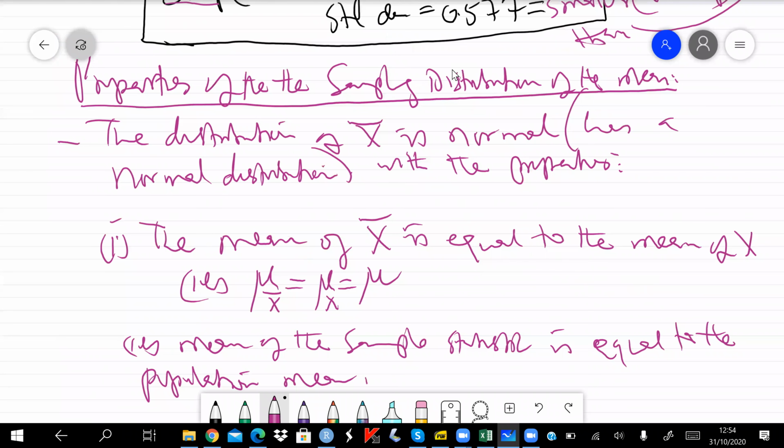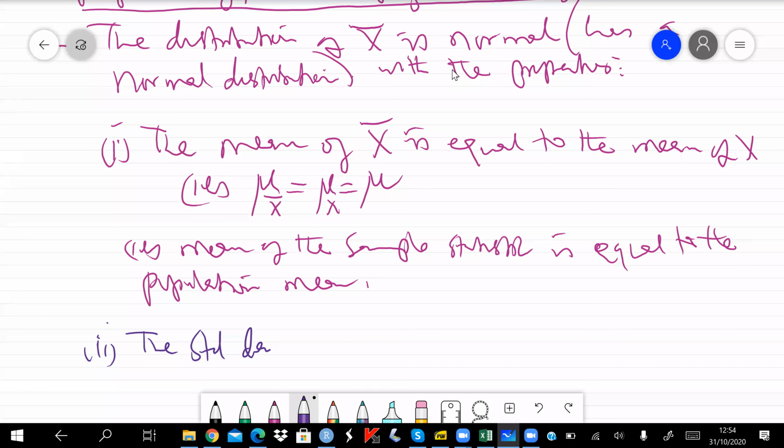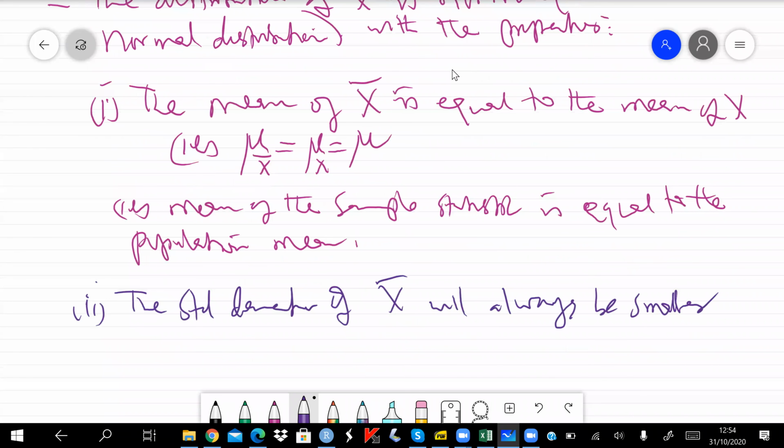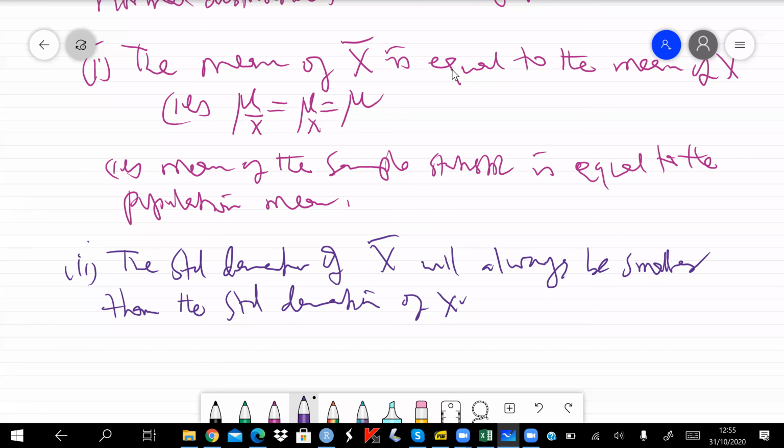The second property, which we may not have shown explicitly, is that the standard deviation of X bar will always be smaller than the standard deviation of X.